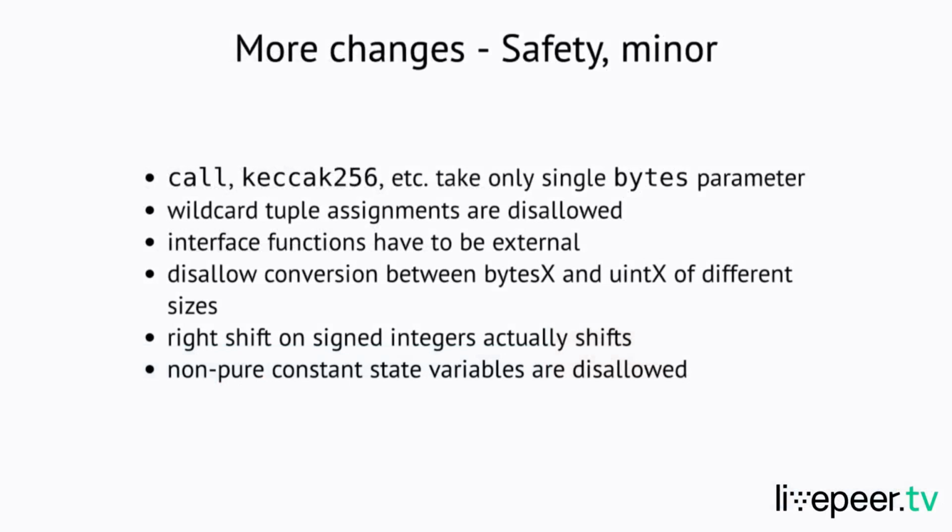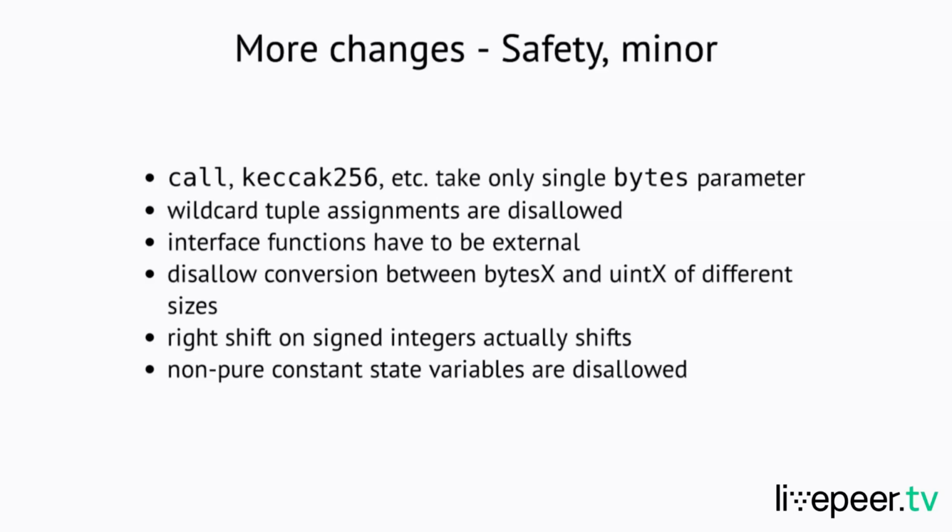Apart from the allowed operators, the only difference between them is the alignment. Integers are always right aligned, so low order aligned, and byte arrays are always left aligned, so right padded with zeros. And of course, it's kind of logical that you can convert between those.